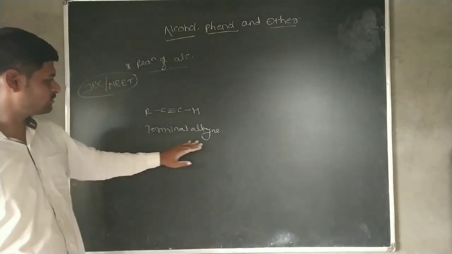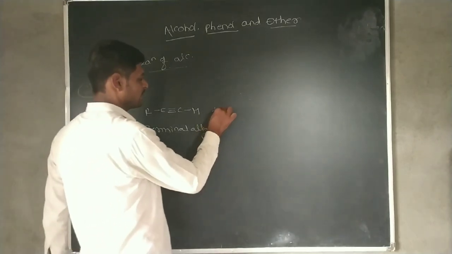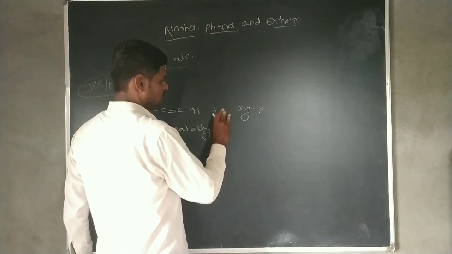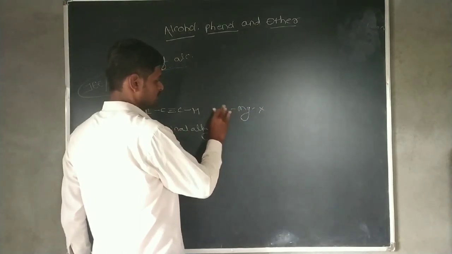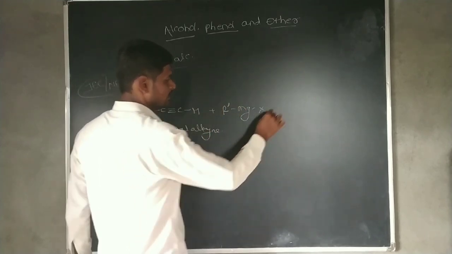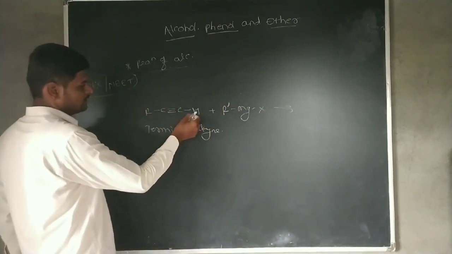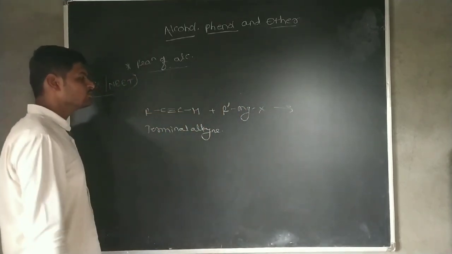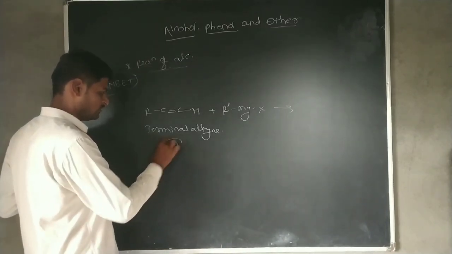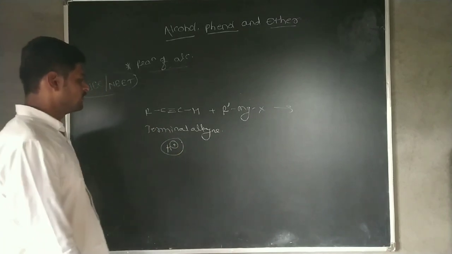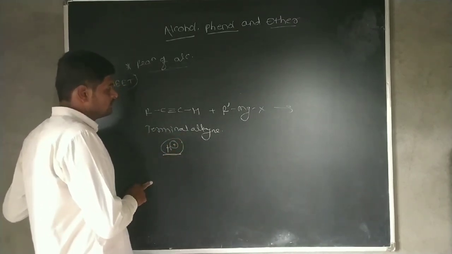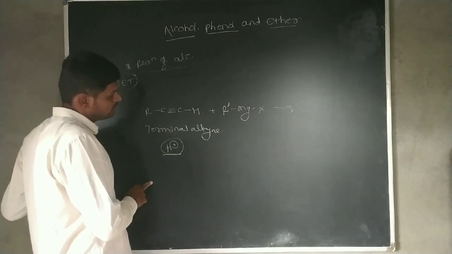It is reacted with Grignard reagent. Here we take R'MgX. Then this alkyne group also contains the H plus ion, that is, terminal alkynes contain the H plus ion. Then how is it possible?